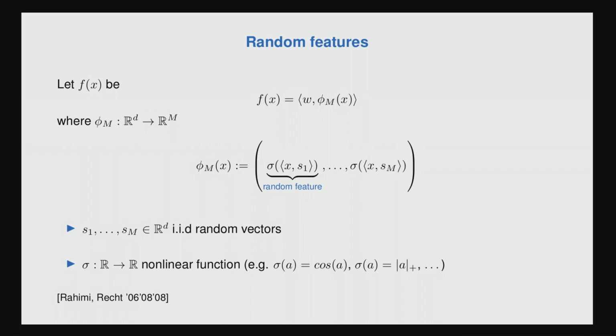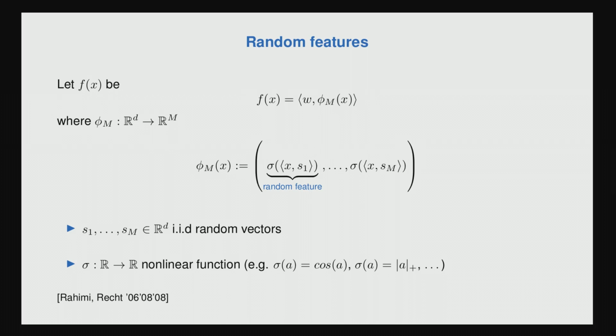So imagine that you want to learn a non-linear function f. Usually what you do is that you parameterize the nonlinearities in this way. You say my nonlinear function f is a weighted sum, where the weights are these w, of some nonlinear features.